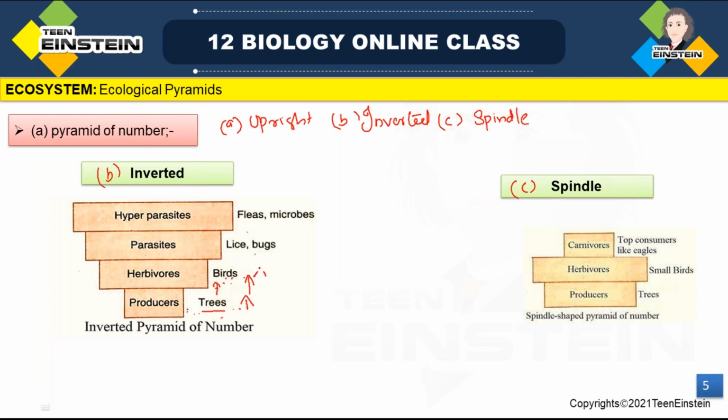Then compared to those birds, bugs will be more. Like parasites, that number will be more. On a single organism itself, we can see many parasites or many bugs. Then when it is moving to the microbes level, that number will be more compared to this level, right?